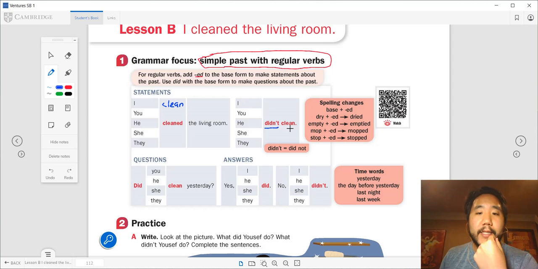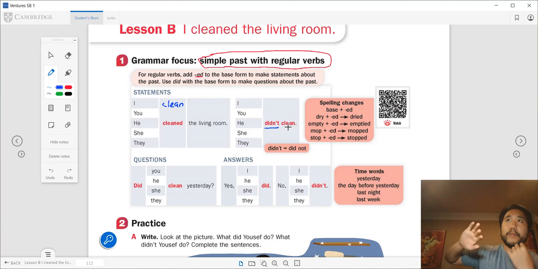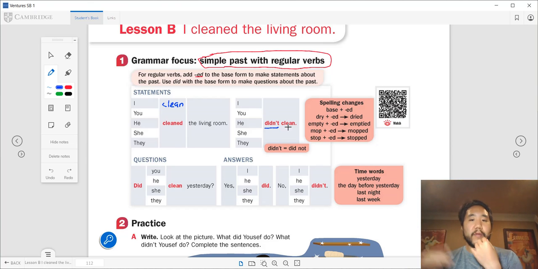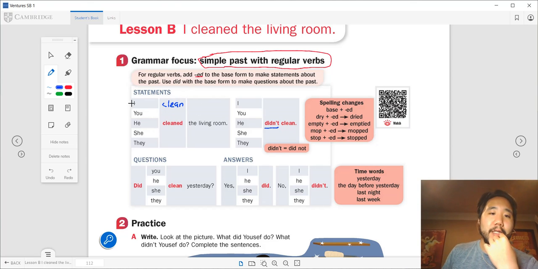But here it says I didn't clean, which is the negative form of clean. So no action of cleaning was done. So it's the opposite. So this is a positive statement, or affirmative if you remember, and this is the negative statement.